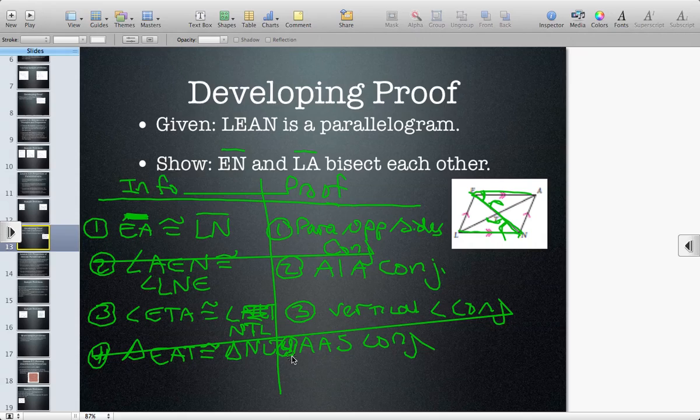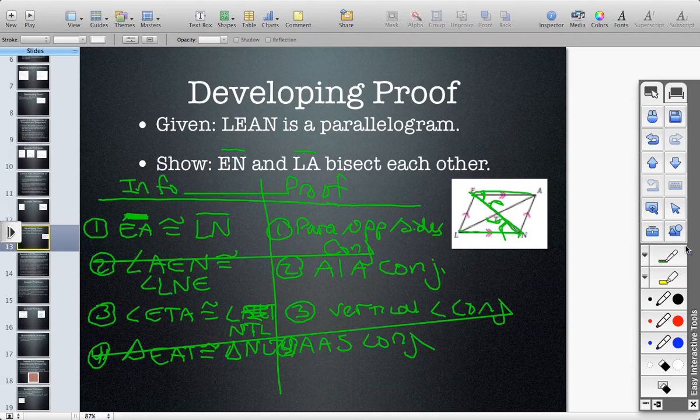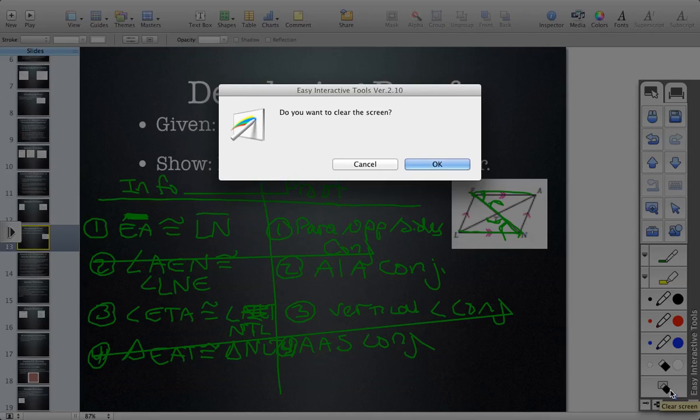That's part 4. I had to clear that off, so if you need to pause to copy that down, I'm going to erase it so I can have some more space. We've already proven the first four steps.